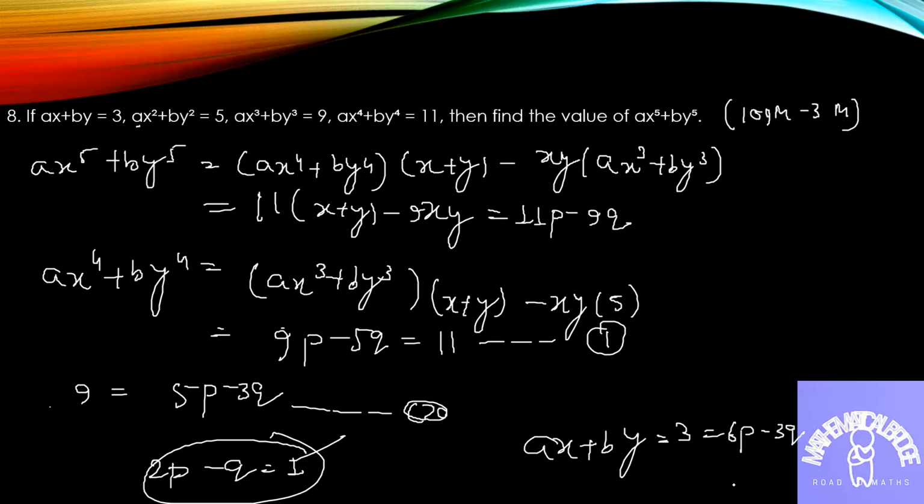From all these equations, you will get p is equal to minus 6 and q is equal to minus 13. So the value of ax5 plus by5 is 11 into minus 6 minus 9 times minus 13, which is equal to 51. So 51 is the correct answer to this question.